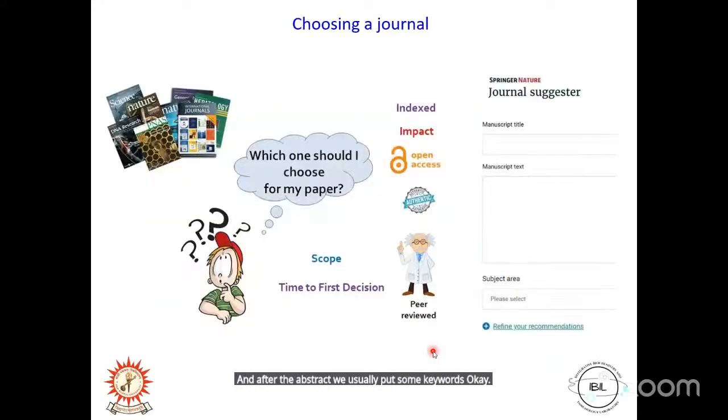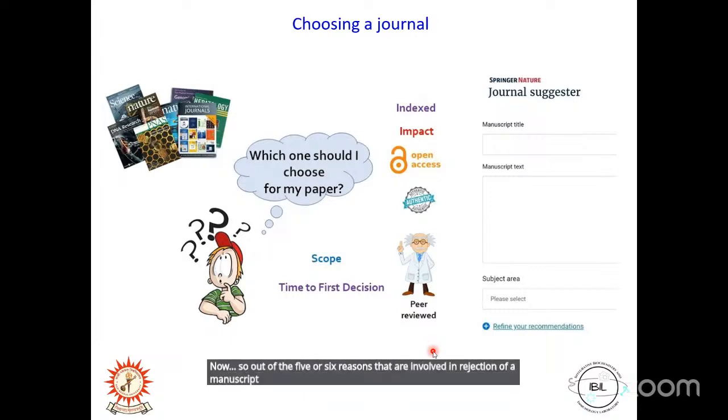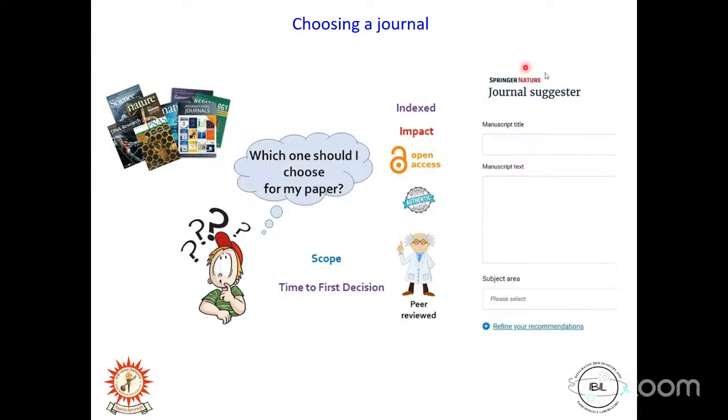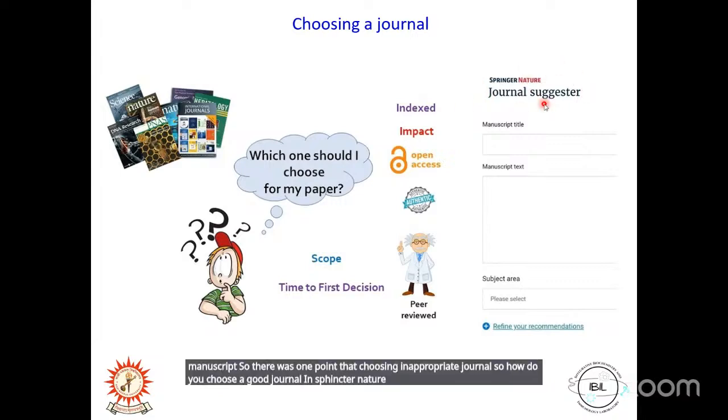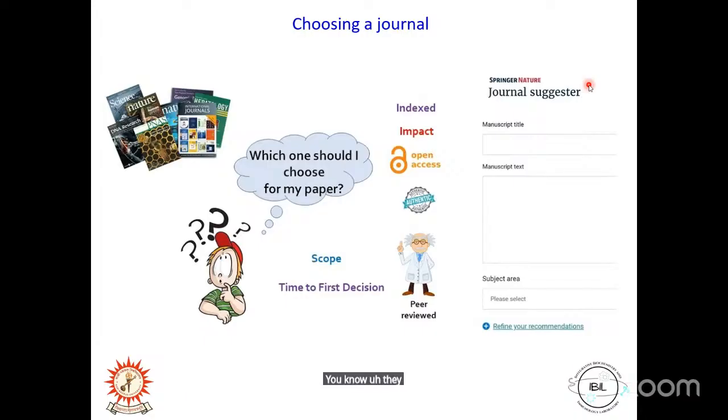Now, out of the 5 or 6 reasons that are involved in rejection of a manuscript, there was one point, that is choosing an inappropriate journal. So how do you choose a good journal? In Springer Nature, you know that Springer and Nature now jointly publish quality research work.